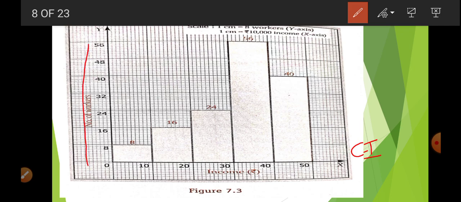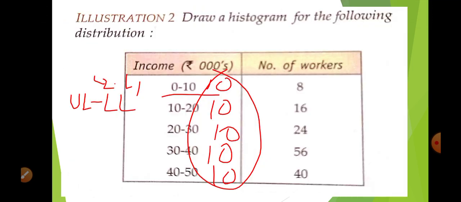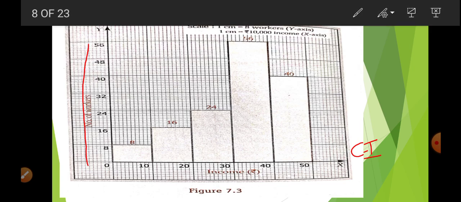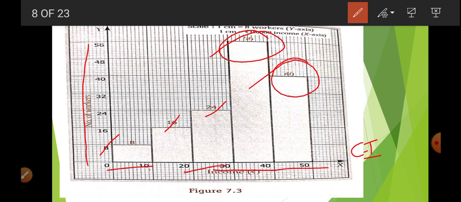So for 0 to 10 there are 8 workers, for 10 to 20 there are 16 workers, then 20 to 30 there are 24, 30 to 40 there are 56, and 40 to 50 there are 40. So this is your histogram in the case when class intervals are equal.